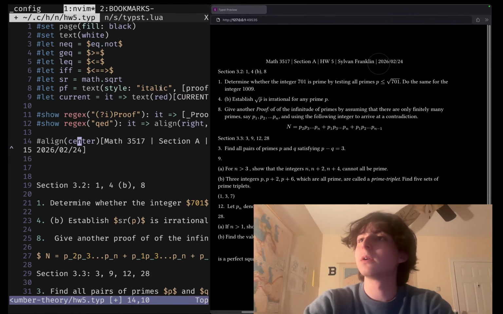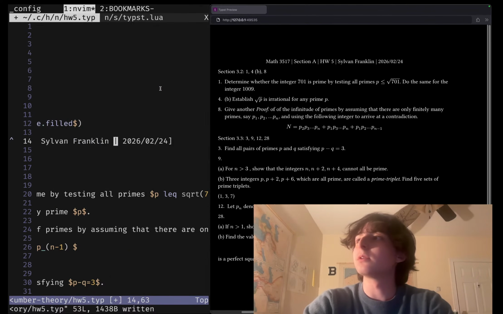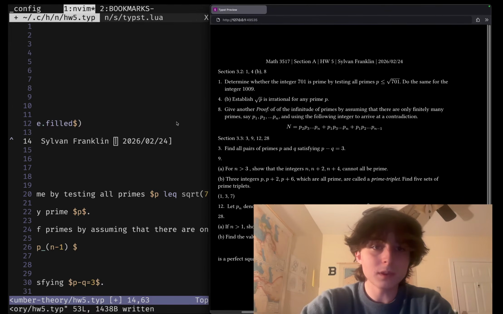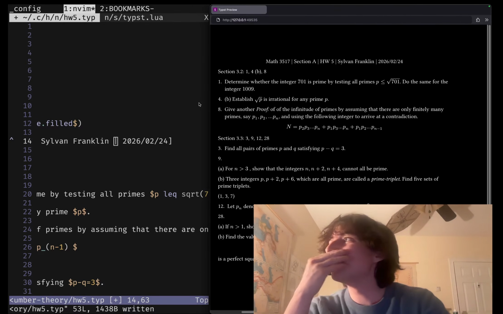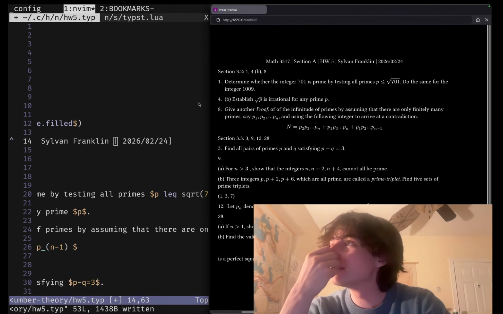I don't really want to do, like, determine whether the integer 701 is prime by testing all primes less than or equal to. Yeah, I know, exactly. Why? It's ass. I don't want to do that.